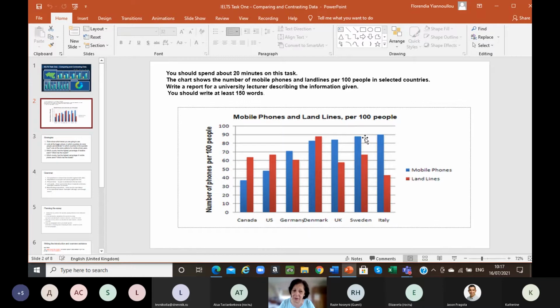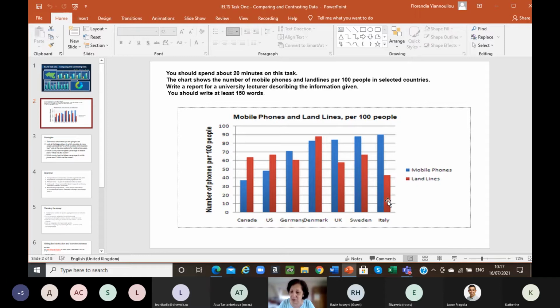So you are comparing and contrasting all the way through. You're looking at the highest, lowest. I mean, Canada's the lowest, Italy is the highest, and you're comparing here. Italy is the lowest, Denmark is the highest. So you're getting the overview.